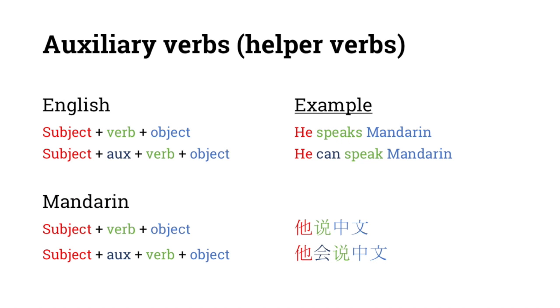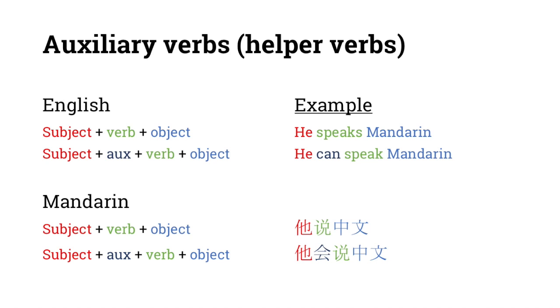Okay, so what if you add an auxiliary verb, a helper verb? First off, what is a helper verb? Well, a helper verb is kind of a secondary verb in a sentence that helps the main verb. It clarifies the verb that the sentence focuses on. For example, we have: he speaks Mandarin. If we add a helper verb, we would say: he can speak Mandarin.